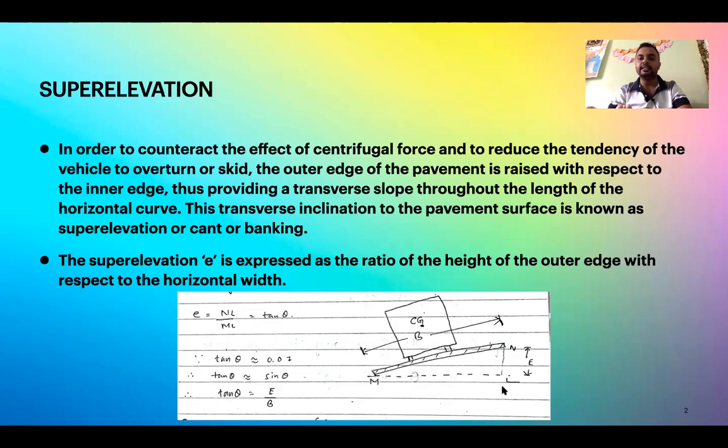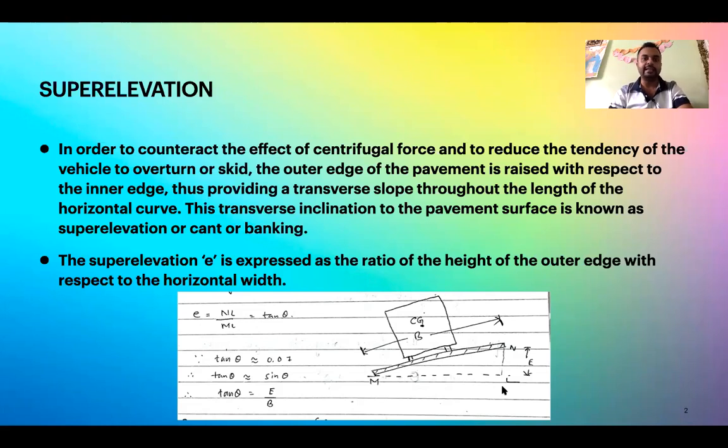We consider this to be equal to B, and we have one relation that tan theta is approximately equal to sine theta for very small values of theta, and here the tan theta value, that is e, should not be greater than 0.07.